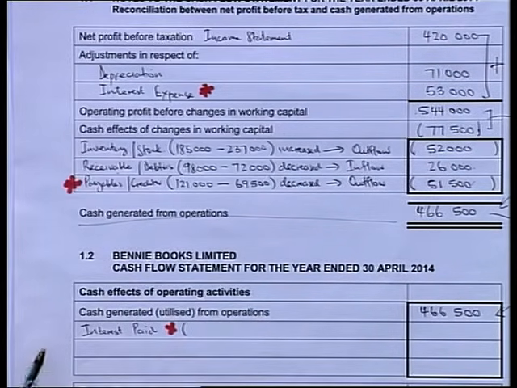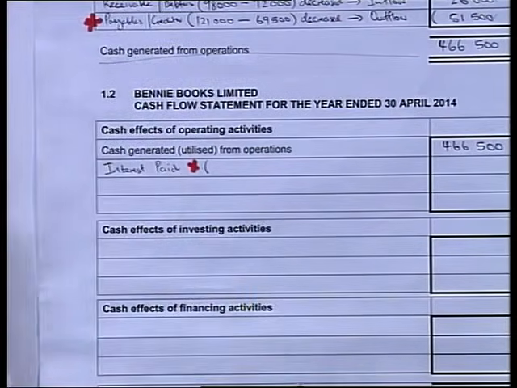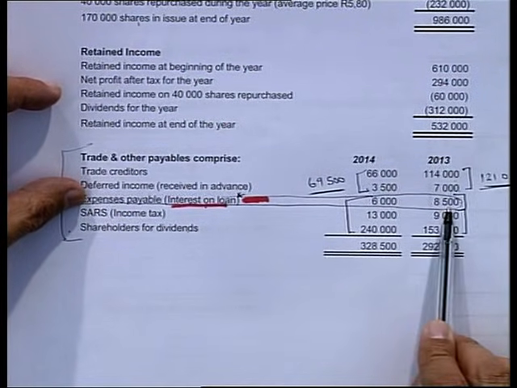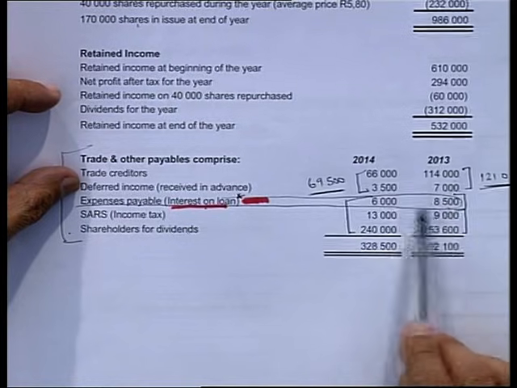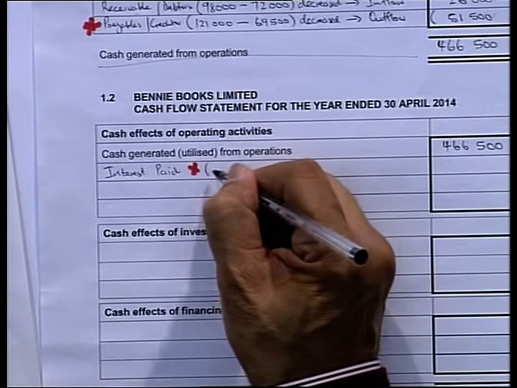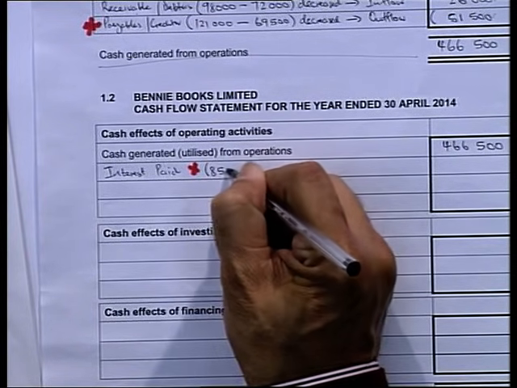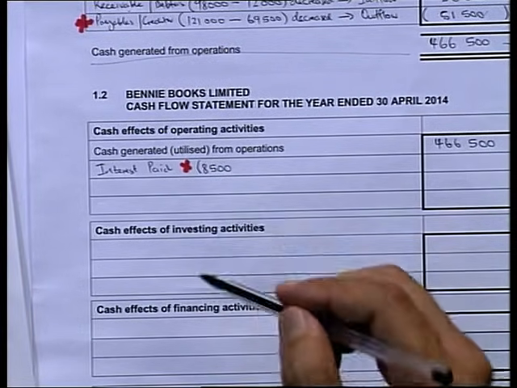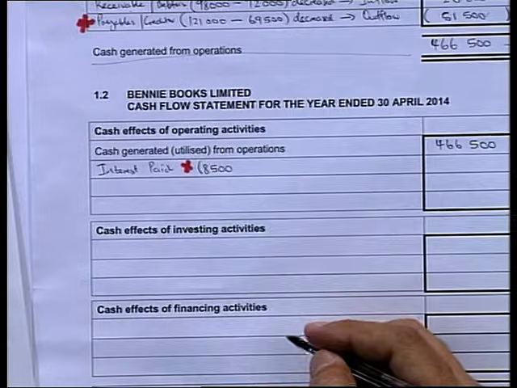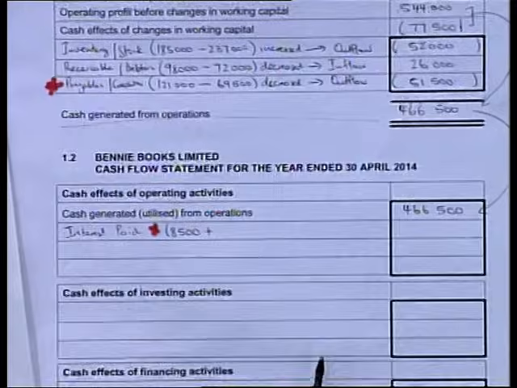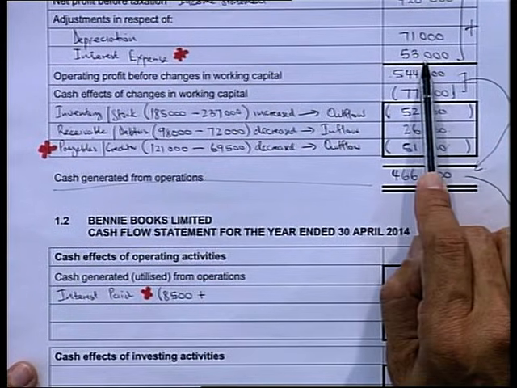So how do we start with the interest expense or the interest paid figure? We first of all have to see how much do we still owe of last year. So we owe 8,500 of last year. So that will be my starting point. Surely the 8,500 of last year I'm going to pay this year, so I'm adding it to whatever the interest expense amount is for this year.